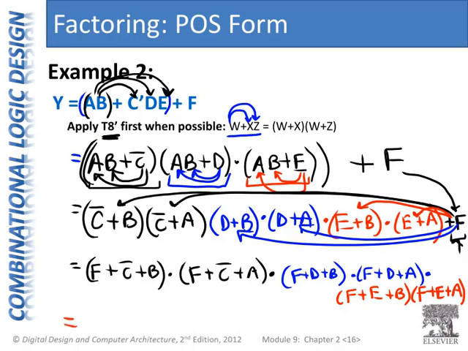So we'd get this term B or C bar or F, ANDed with A or C bar or F, and so forth. Just putting those sum terms in alphabetical order.